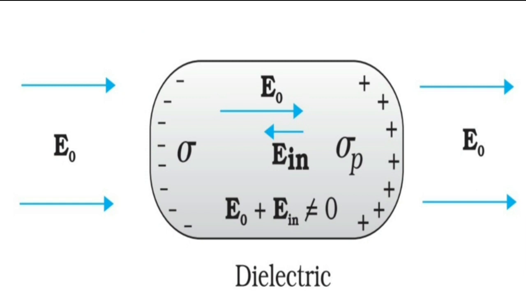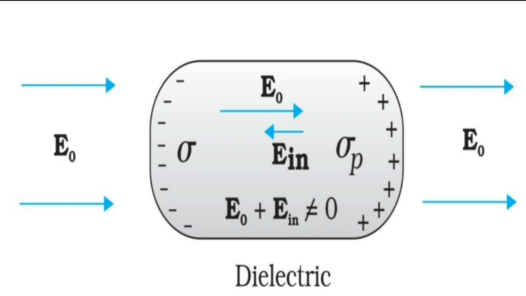Because of that an electric field is produced. That's what we have written as E induced, the induced electric field. But that is not equal to the magnitude of the external electric field. So these two fields will not cancel and will not give a 0 answer. There exists an electric field inside the dielectric.